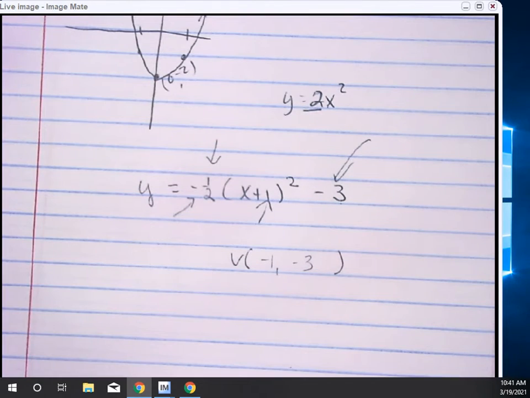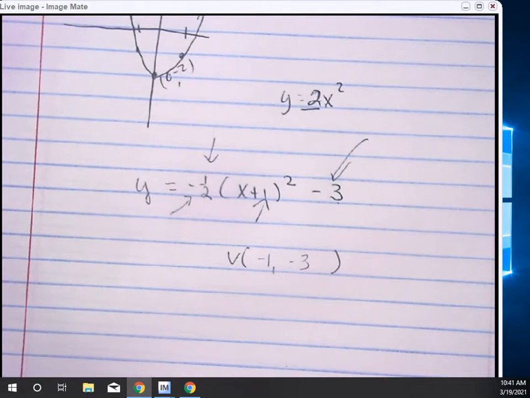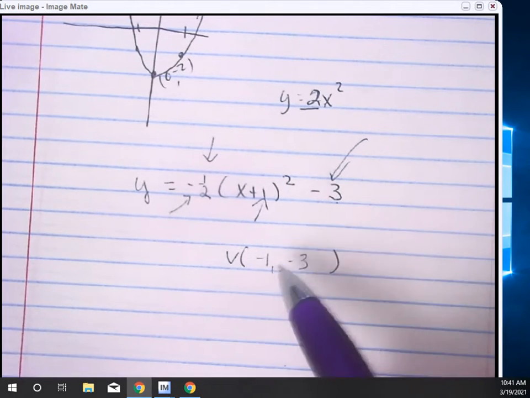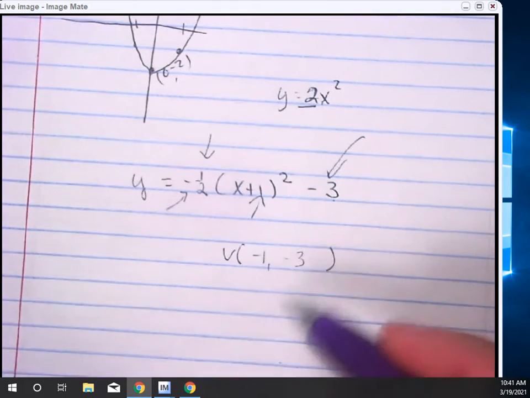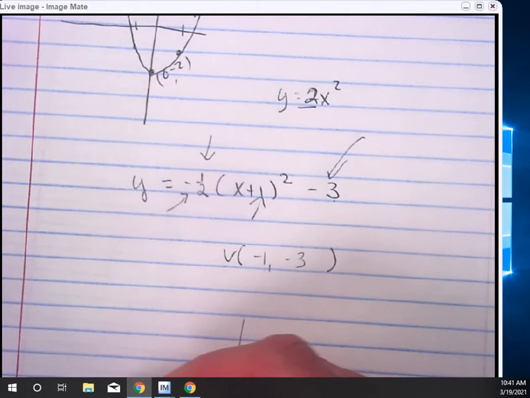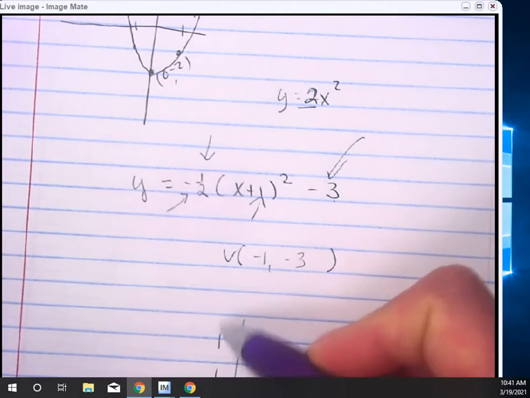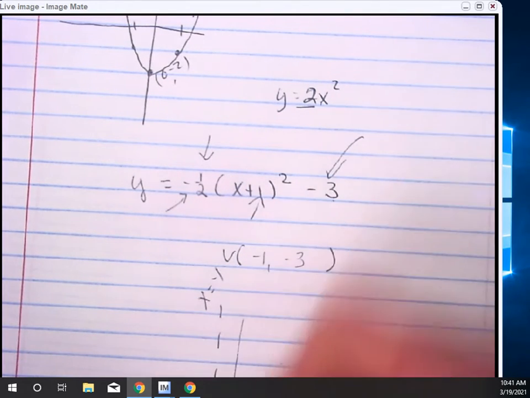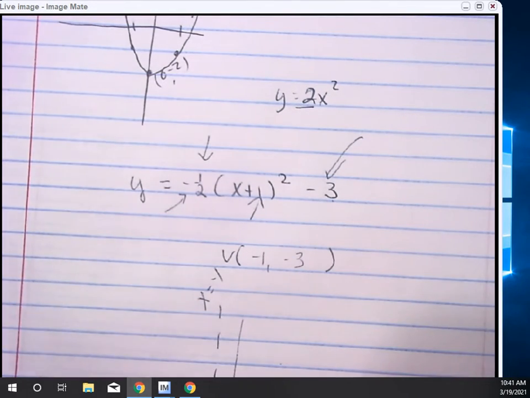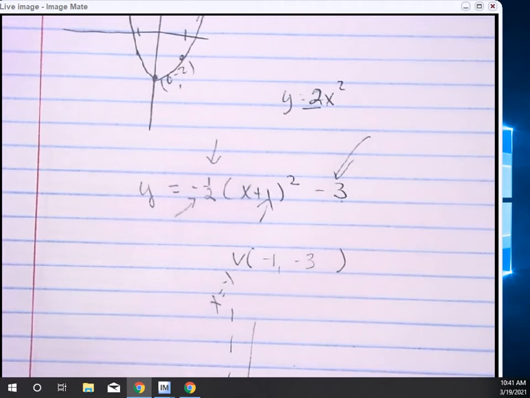Now, I mentioned the axis of symmetry. The axis of symmetry goes through the vertex. When I go to -1, -3, I'm going to put a dotted line. x equals -1. This dotted line is the axis of symmetry.